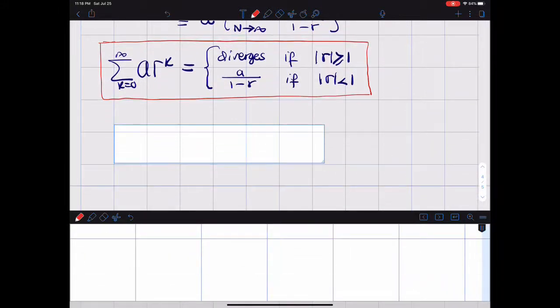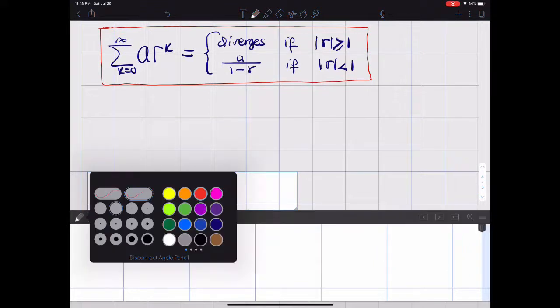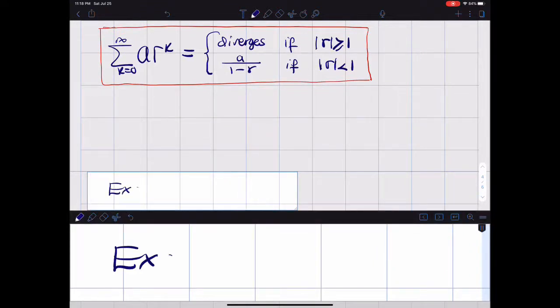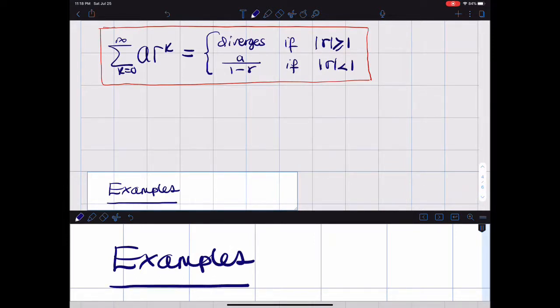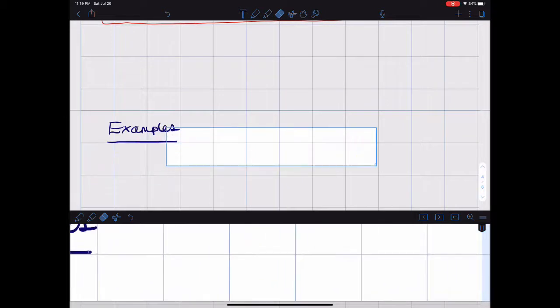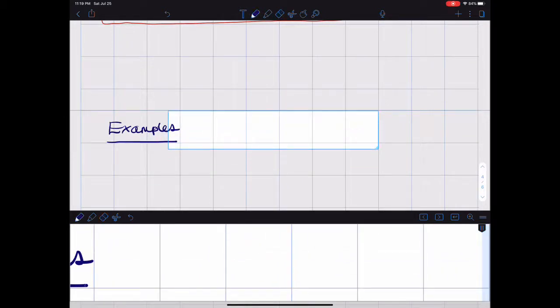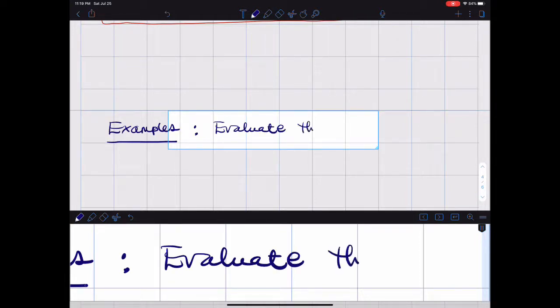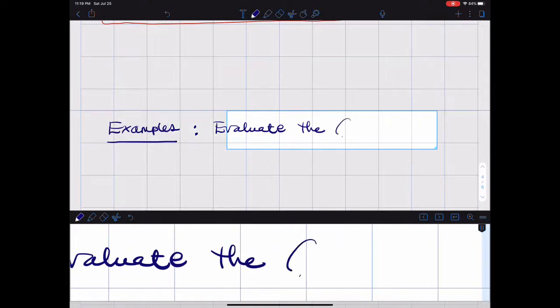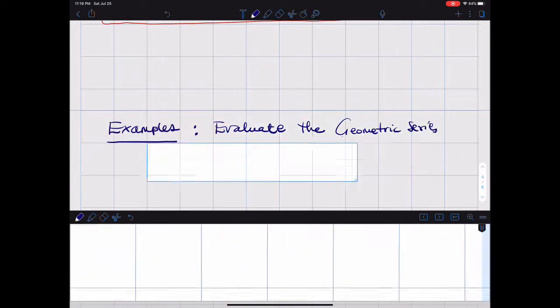All right. So let's do some examples. We want to evaluate the geometric series, and if it diverges, we say it diverges.